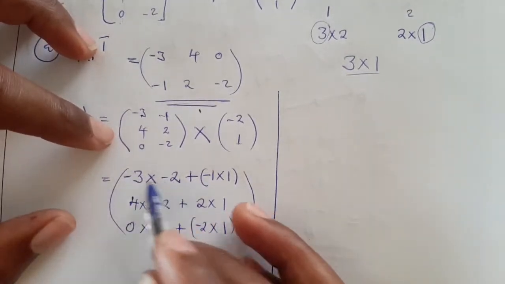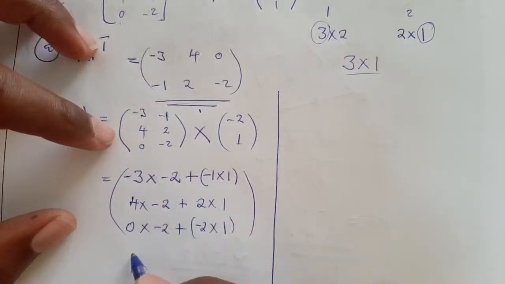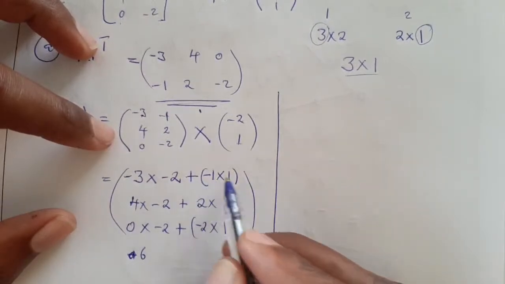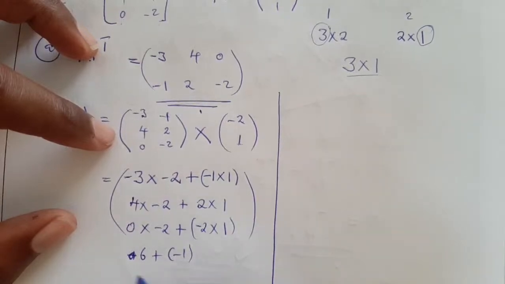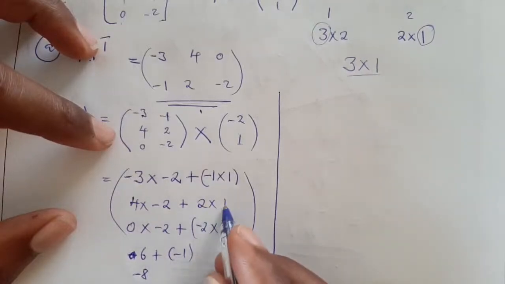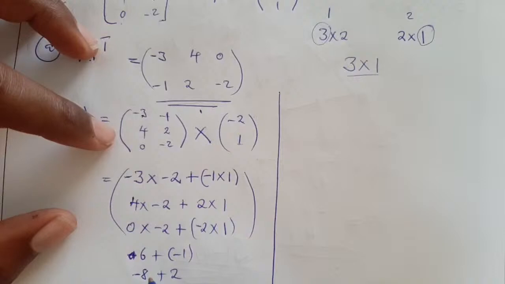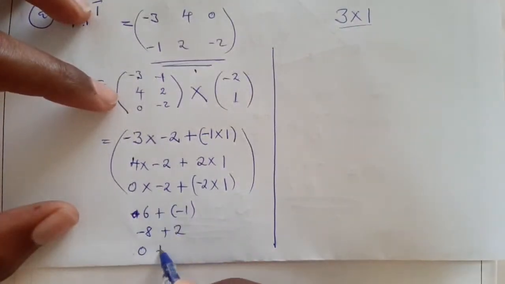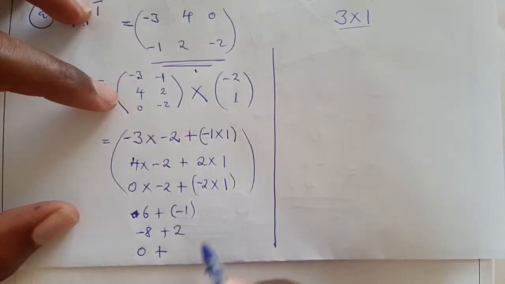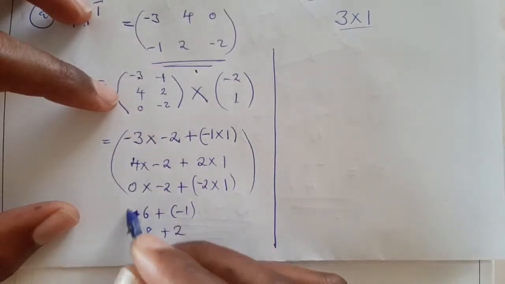Negative 3 times negative 2 is positive 6. Then here negative 1 times 1 is a negative 1. 4 times negative 2 is a negative 8. 2 times 1 is a 2. All right. Then 0 times negative 2 is a 0, plus negative 2 times 1, which is a negative 2.